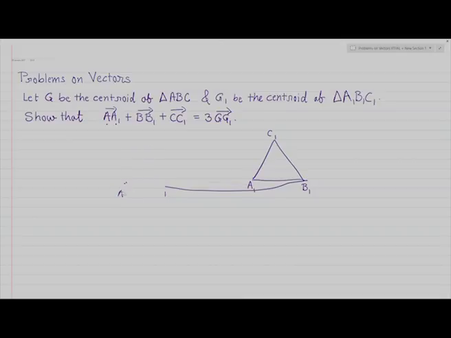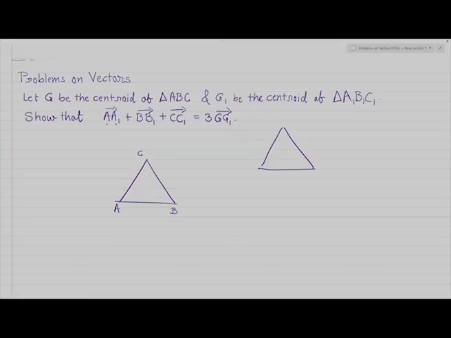Let me erase this and draw again, because A1, B, B1 are not very visible. So, let us draw it this way. A, B, C. Let me take it slightly upward. A1, B1, C1. Okay.